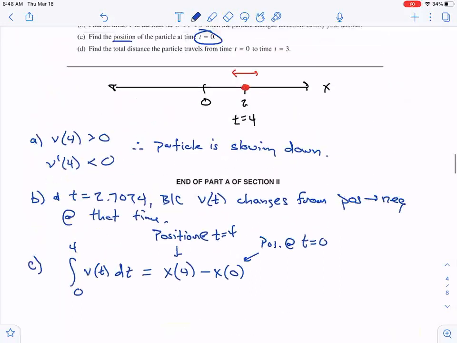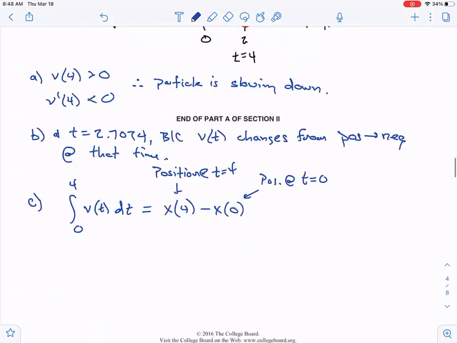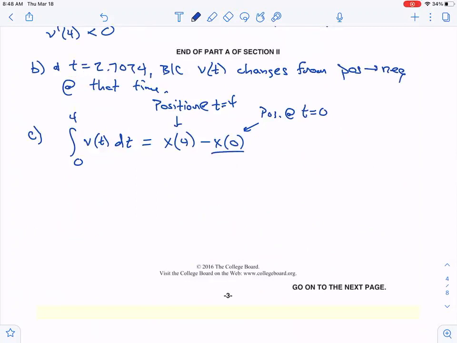I'm asked to find the position at time 0, so I'm going to rearrange this. I've got x at 0 is equal to x at 4 minus the definite integral from 0 to 4 of v(t) dt.